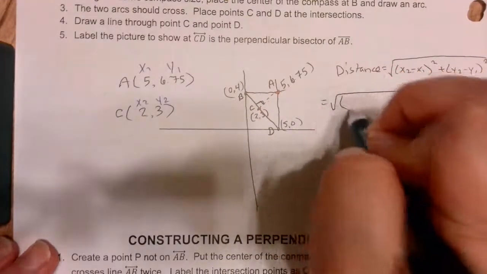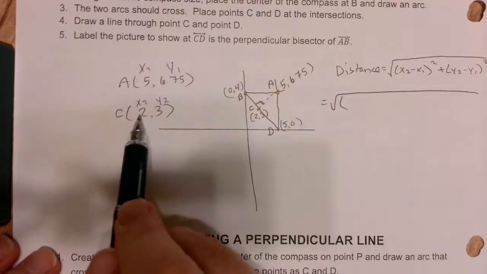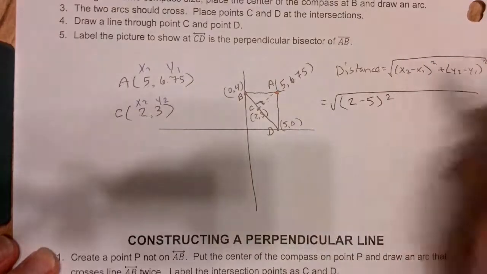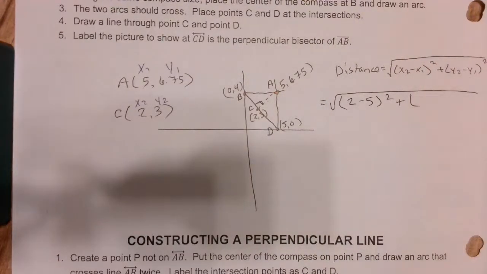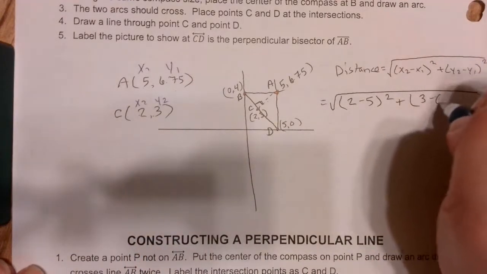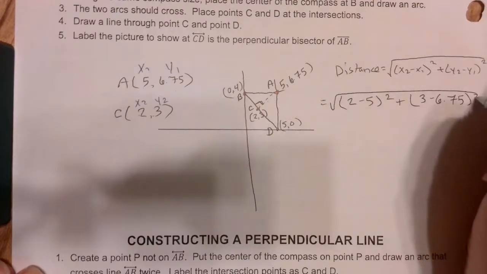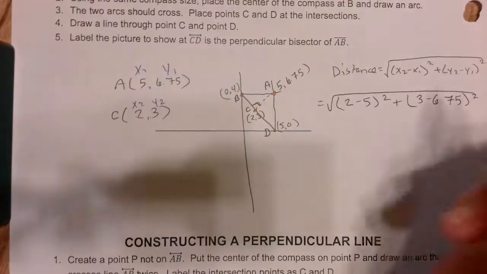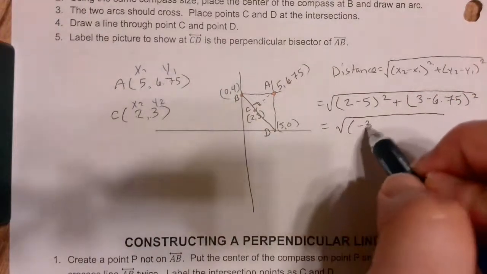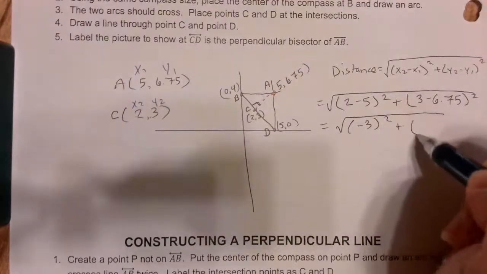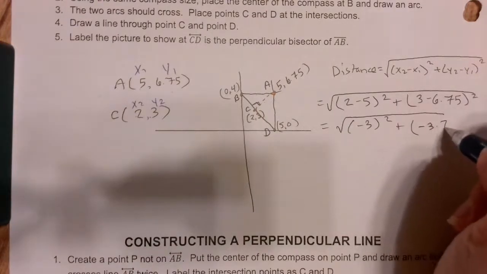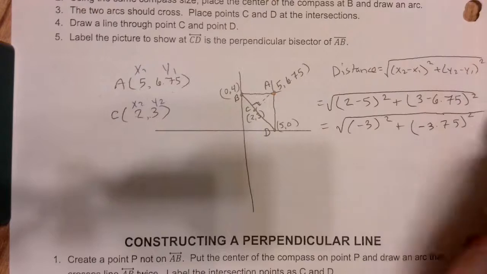So square root of x2 minus x1, 2 minus 5, squared, plus y2 minus y1, 3 minus 6.75, squared. 2 minus 5 is negative 3 squared, plus 3 minus 6.75 is negative 3.75, and we're squaring that.